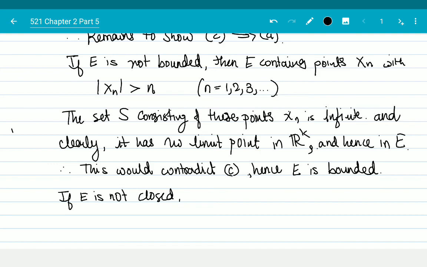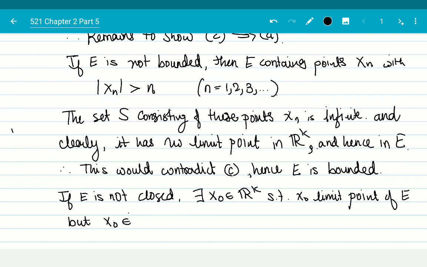There exists x naught belonging to Rk, such that x naught is a limit point of E, but x naught does not belong to E.